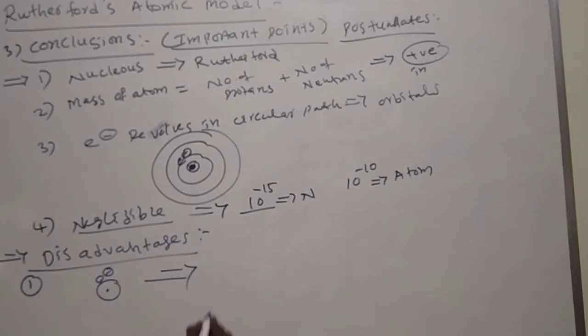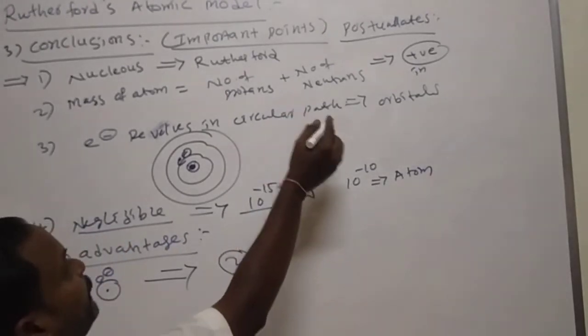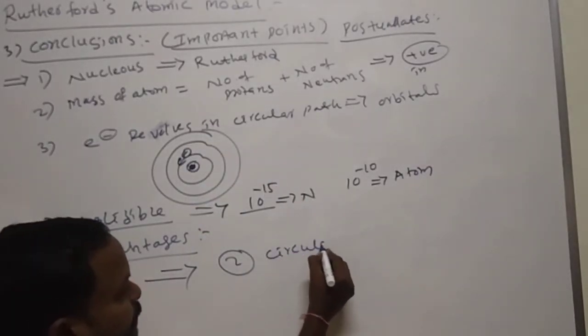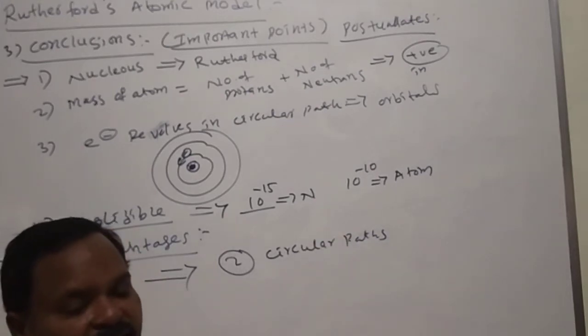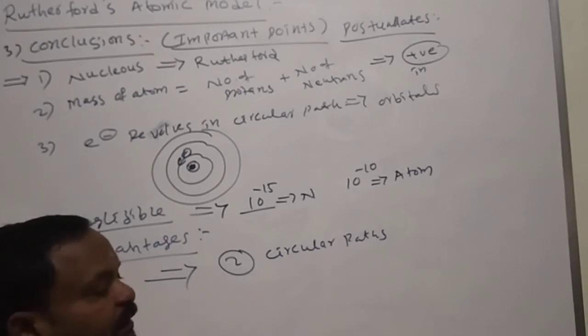Second one. It also fails to explain these circular paths. Why does the electron revolve in circular paths, not in an ellipse or another shape? What is the reason for this? And what is the other name for these circular paths?